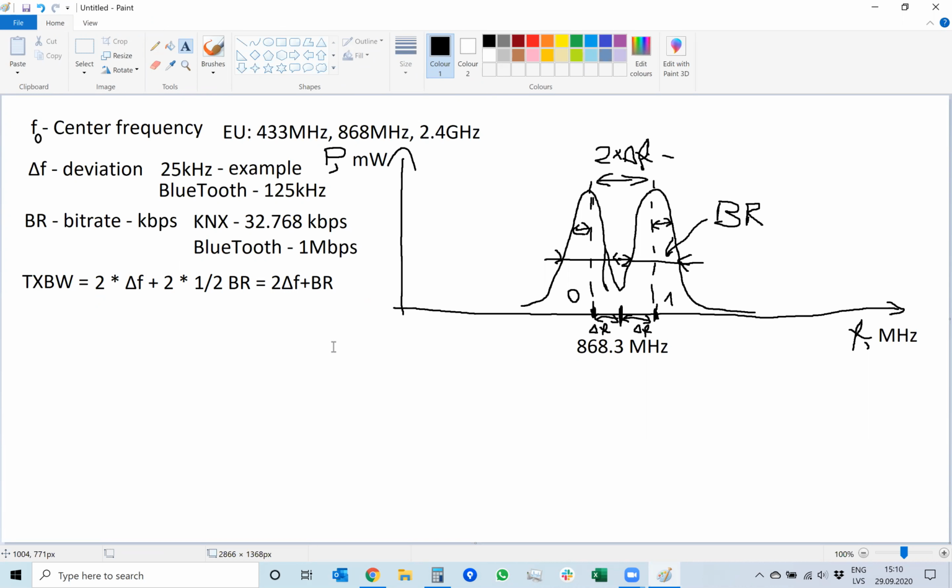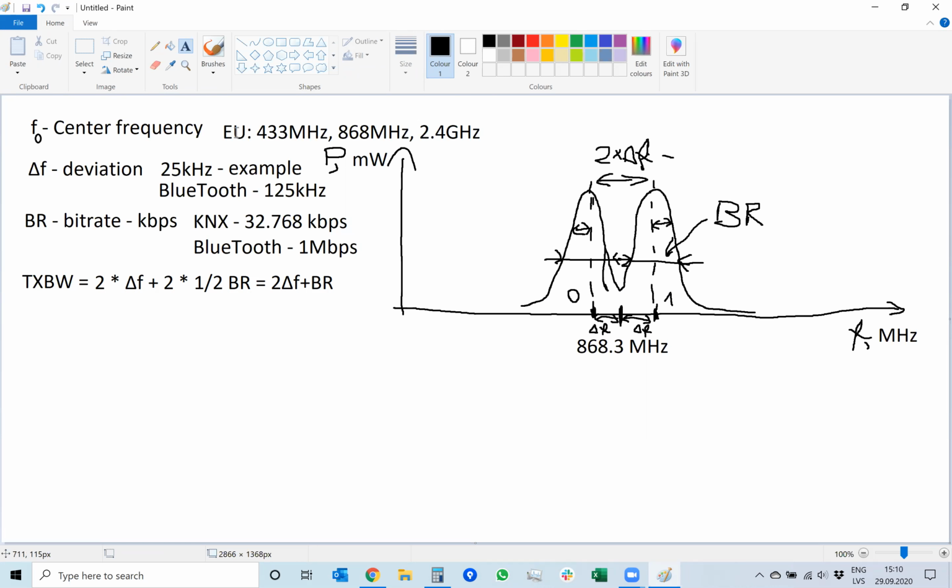And so when I initially told you that the permitted frequencies in the frequency band are 433, 868, and 2.4 gigahertz, the answer is actually only partly correct, because our signal isn't infinitely narrow. It actually is wider.